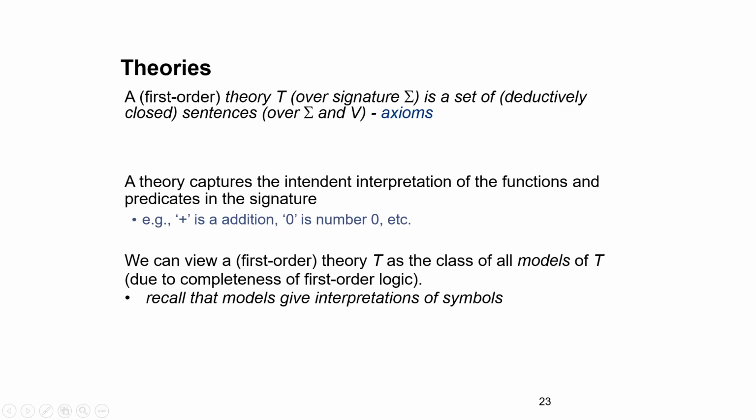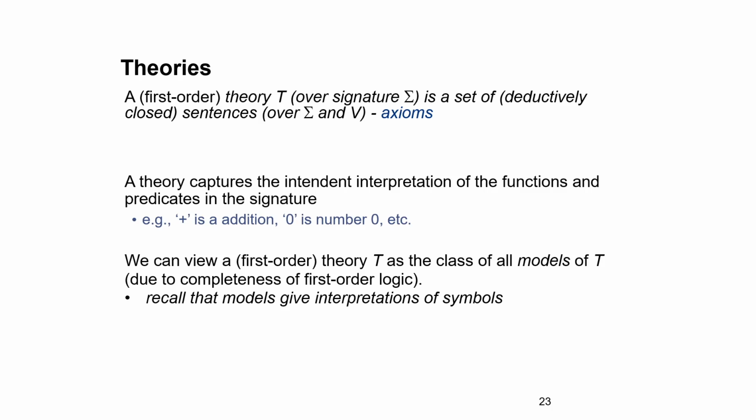You could also say that you can view some kind of first order theory as the class of all models, because all the models that conform to this theory have in common, let's say, the way they interpret addition. And they all have in common that the values in the domain are some numbers.